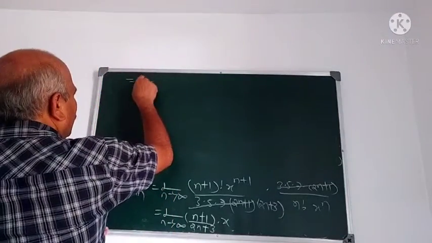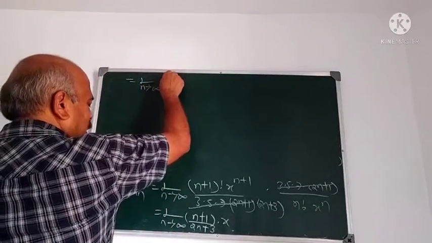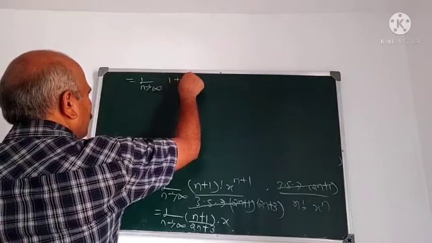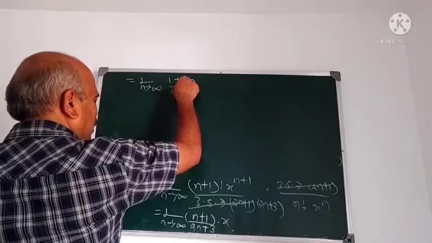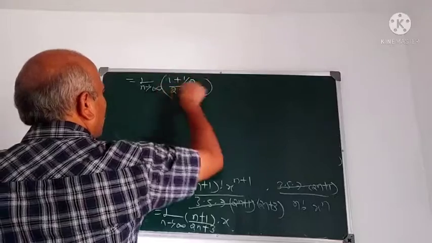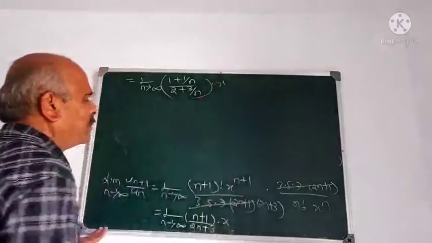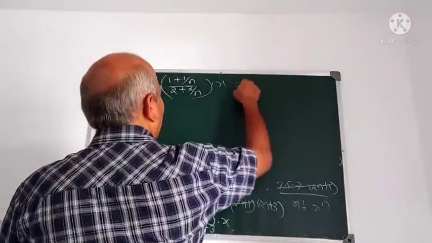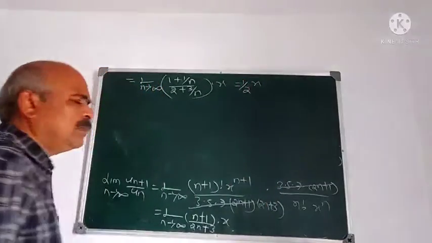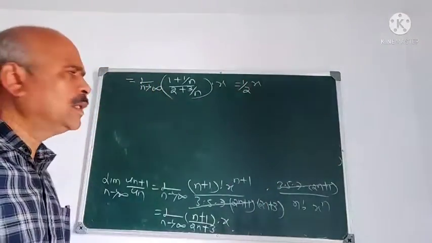It is therefore the limit as n tends to infinity of (1 plus 1 upon n) divided by (2 plus 3 by n), into x. It is 1 by 2 into x.